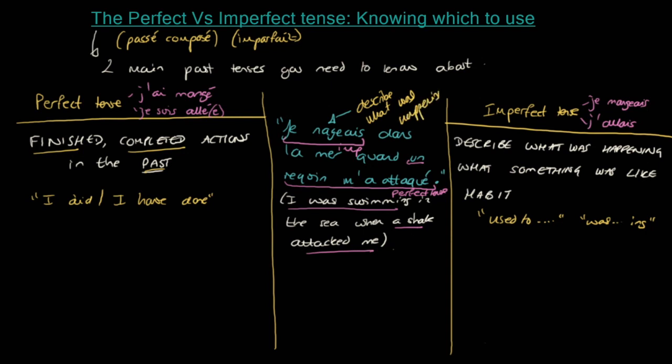And then the shark attacked me is the completed one-off action. I should have put on here one-off as well. Whereas here, these are habits, things that happened on a regular basis. So they're the main differences between the two.